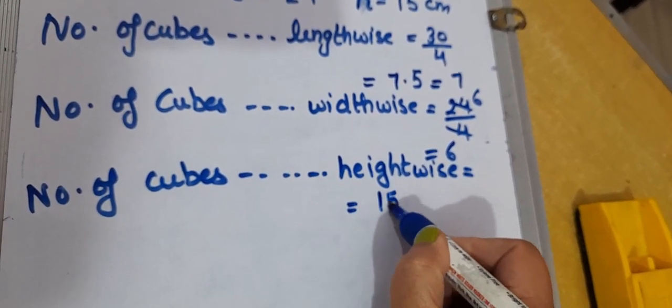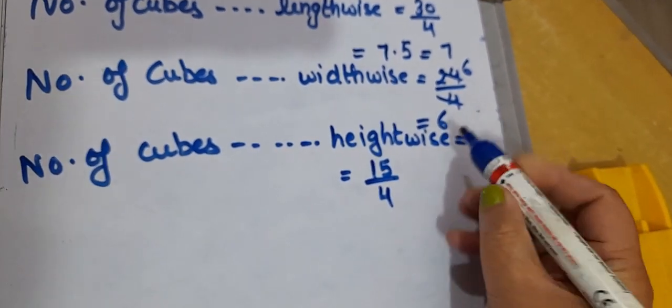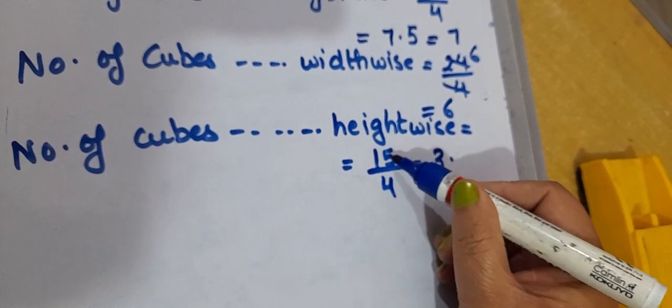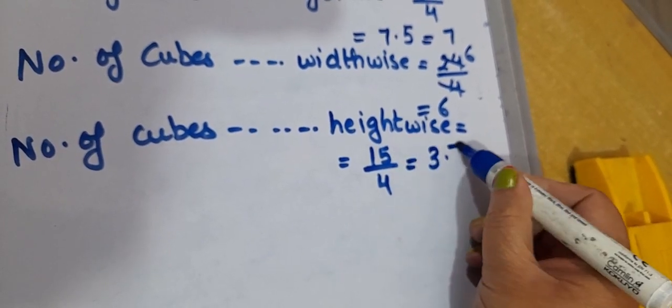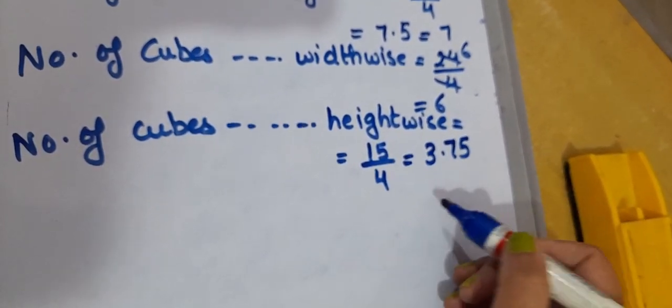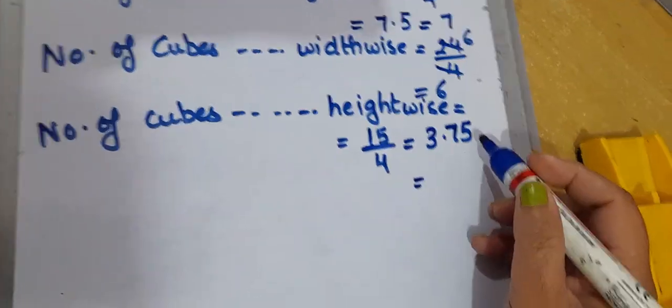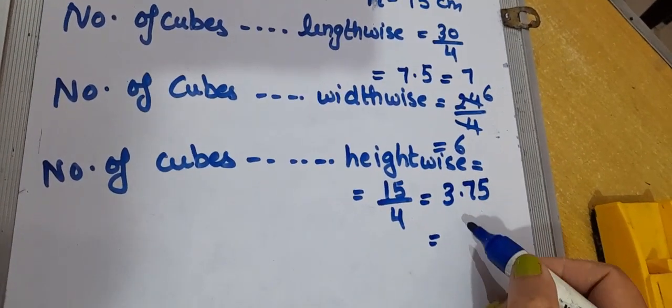Height is given 15, edge is given 4. So 15 by 4, convert it into decimal, 3.75. Again round it off to the whole number, it is 3.